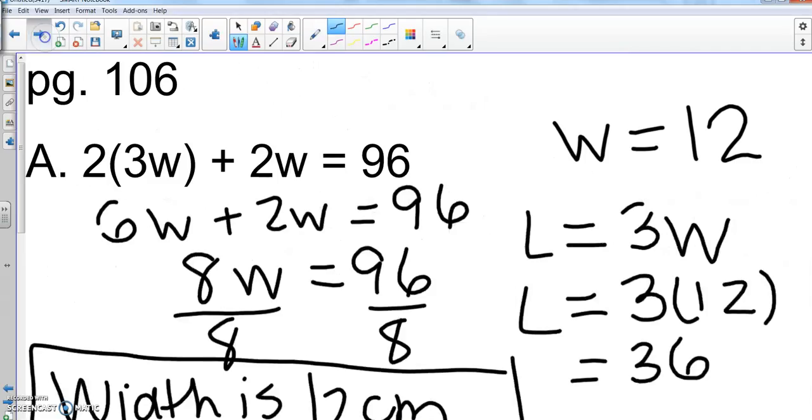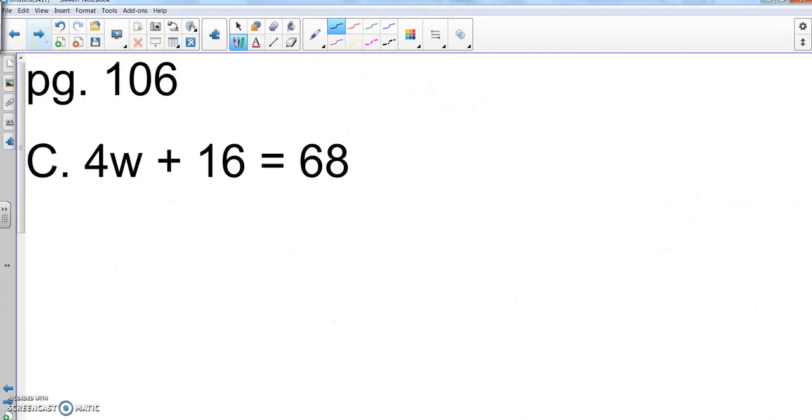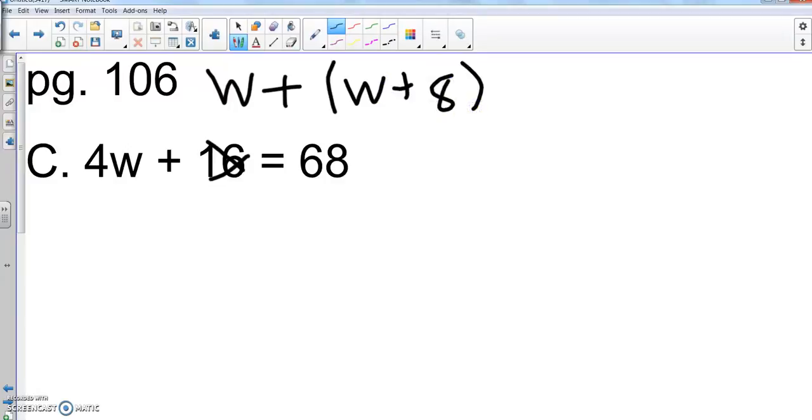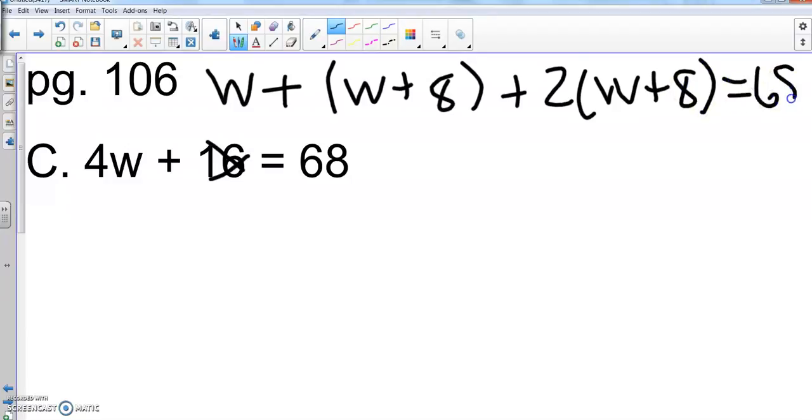So let's go over here to page 106. All right, so I need you to understand where I came up with this. And actually, I need to change this number. But here's where I came up with this. W plus, I'm copying the one from the front page, plus W plus 8 plus 2 times W plus 8 equals 68. So here's what I did.